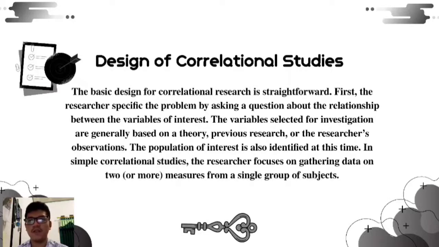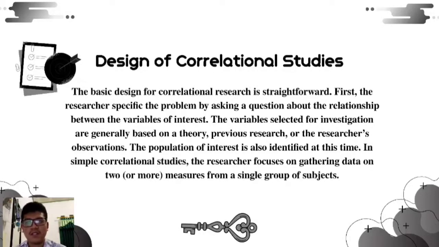Next, let's talk about the design of correlational studies. The basic design for correlational research is straightforward. The researcher specifies the problem by asking a question about the relationship between variables of interest.